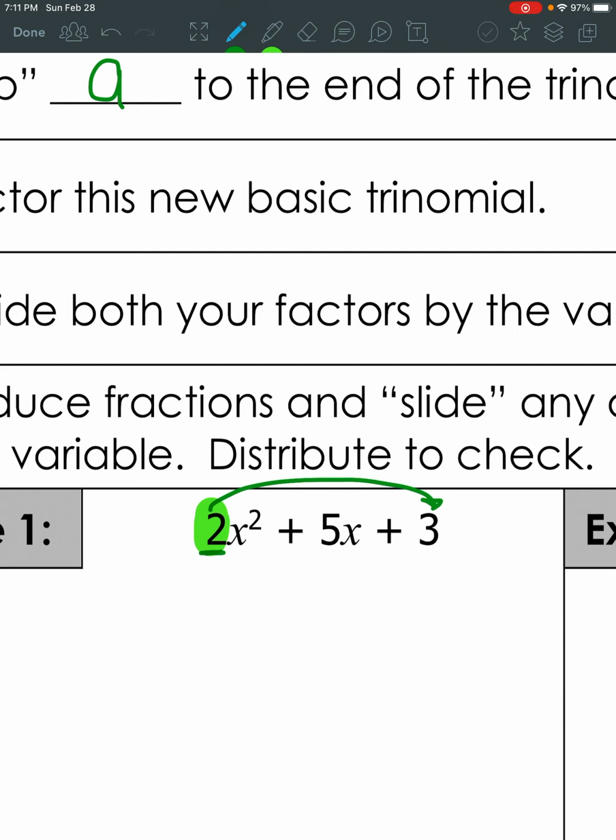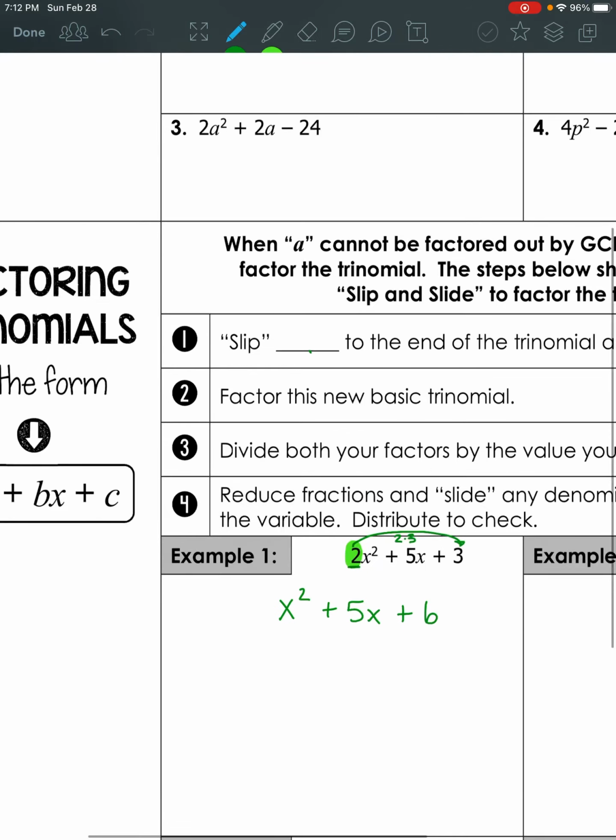So 2 times 3, we get 6. Then we rewrite this as x squared, because we slipped that 2 down. The 5x, the middle term, stays the same. And that 3 has become a 6 because we multiplied the a term by the c term.